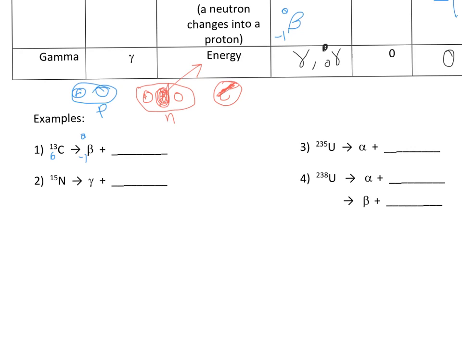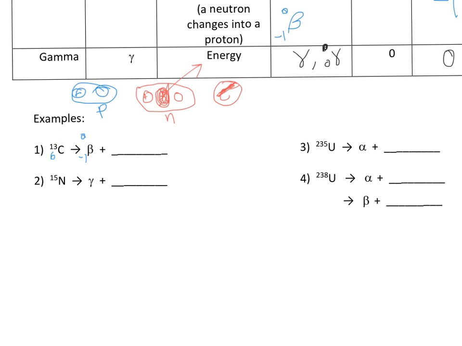Whether it's a chemical reaction or a nuclear reaction, both sides of the equation need to equal each other. So this side before the arrow needs to equal the total of this side after the arrow. So whatever is here, when you add it to a beta particle, needs to equal this. Let's start with the mass number. This side needs to equal this side. So 0 plus what is equal to 13?